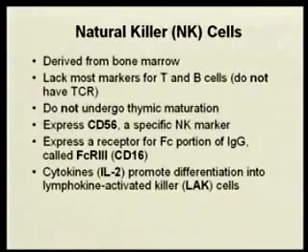Also, an important point here is that if NK cells are exposed to IL-2, they become what are known as lymphokine-activated killer cells, and these cells have a much greater capacity to kill targets. So you can activate NK cells. Once they're activated with IL-2, they become lymphokine-activated killers, and they have a much greater capacity to kill targets.